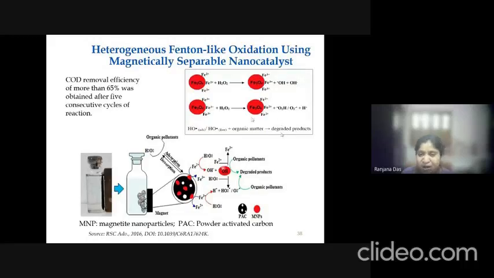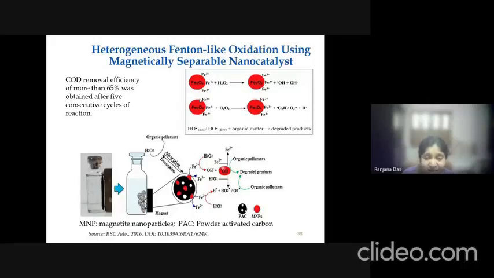If the organic matter is degraded, the ultimate objective is to convert it to carbon dioxide and water. So this conversion can be done. This iron oxide can help us, they can catalyze this process also.